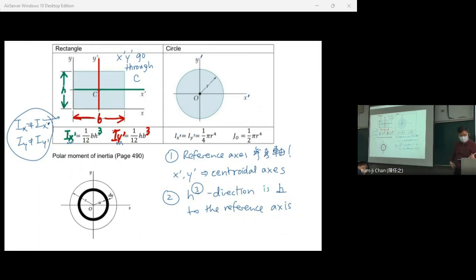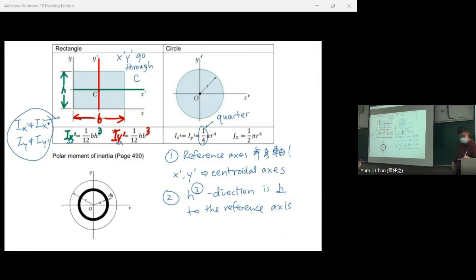Now, these two equations are for a rectangle, and for a circle, Ix prime and Iy prime are both 1/4, a quarter, of pi r to the power 4.